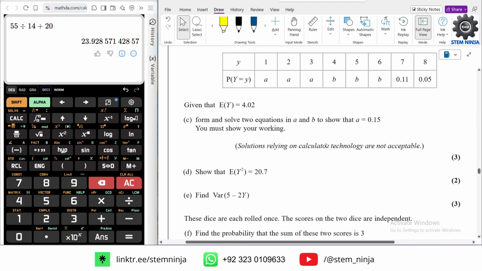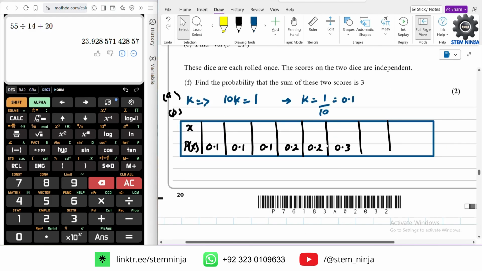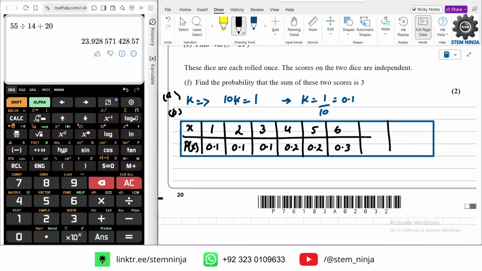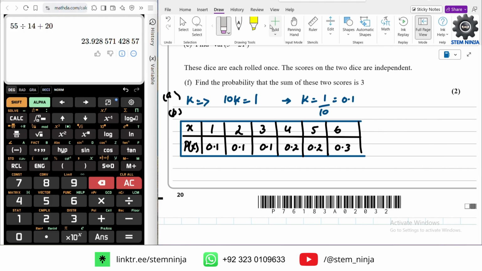This was the pattern, right? Yeah, so 1, 2, 3, 4, 5, 6. And that's your probability distribution table. So we can trim this now. Right, okay, moving on.